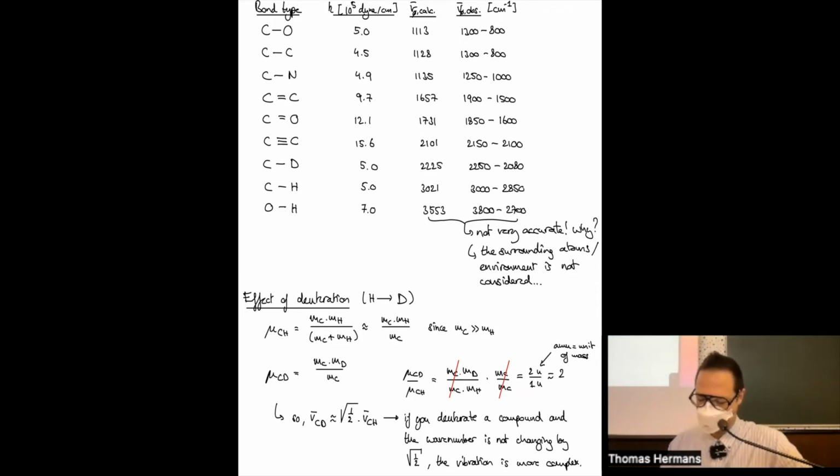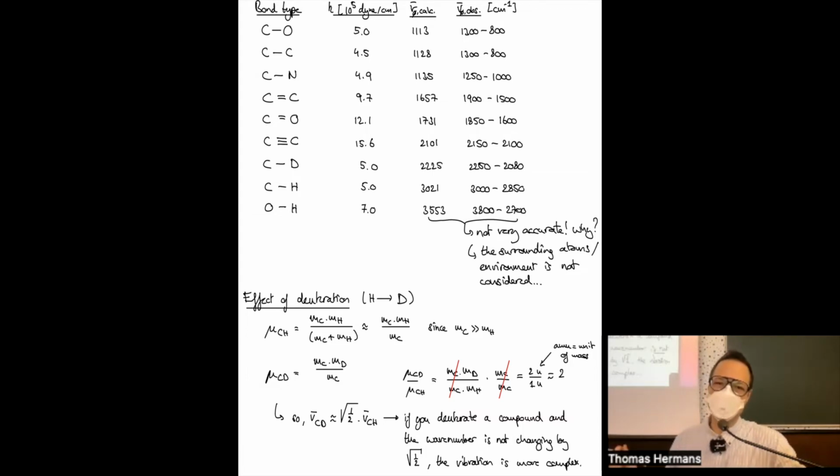So if you deuterate a compound, and the wave number is not changing by square root of half, that means that the vibration is more complex. Okay, we'll see what that means, more complex.